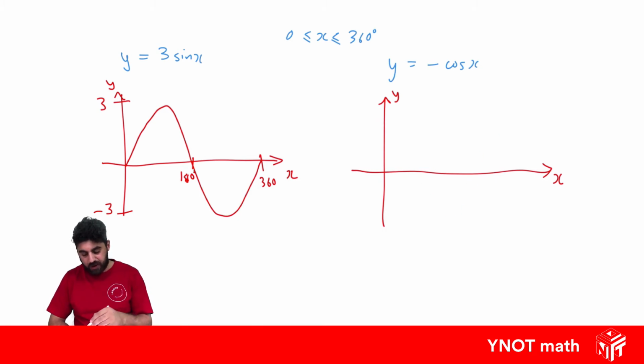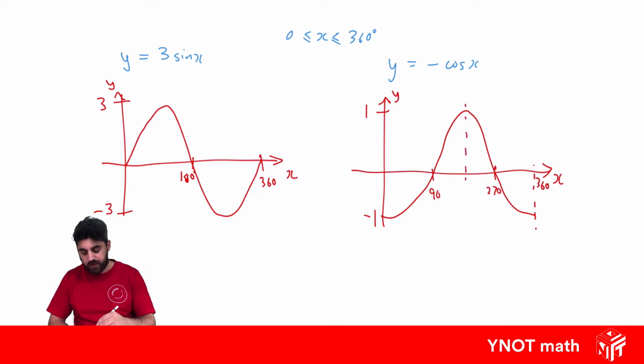So if we're flipping it about the x-axis, instead of starting at 1, we're going to be starting at -1. So we get something like that, where we're starting at -1, goes up to 1, and that's our 360, which means that's 270, and that's 90, with the middle there being 180.